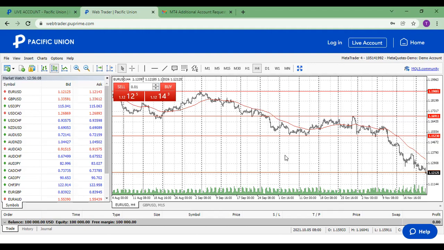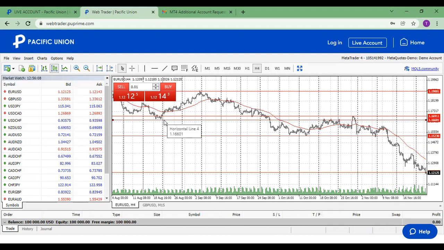All right, that's good. And one other thing is that you could draw, confirm, or identify support and resistance using three major free tools. First things first, your horizontal line. You could just click on it and look at the highs and lows of the price.